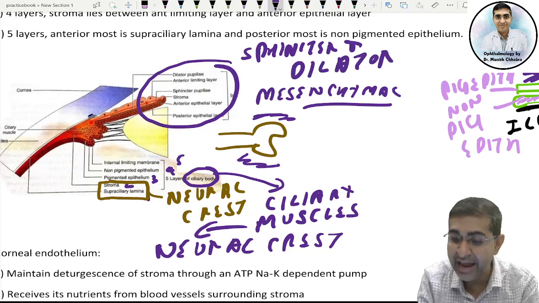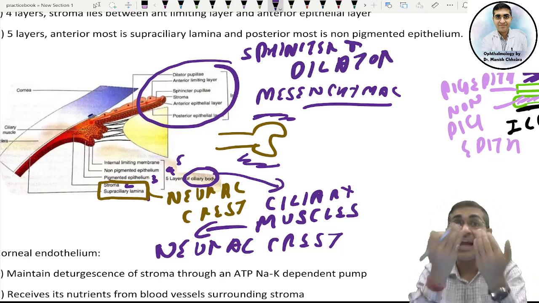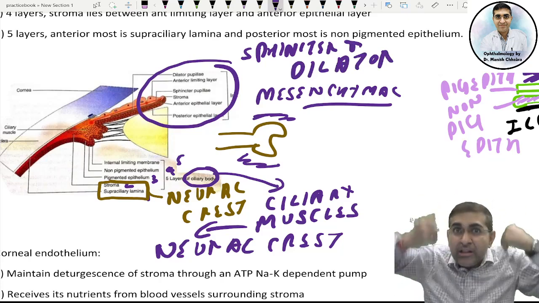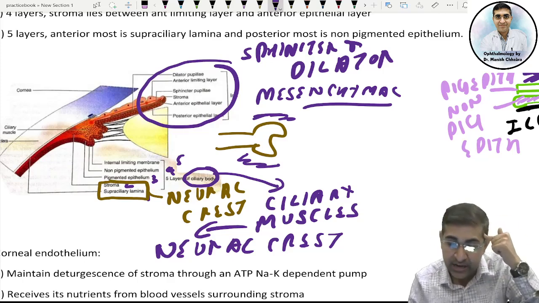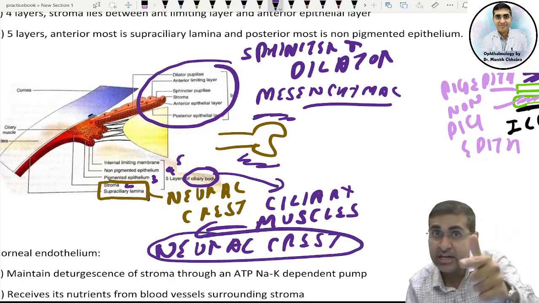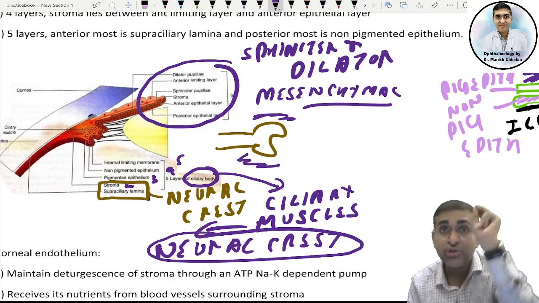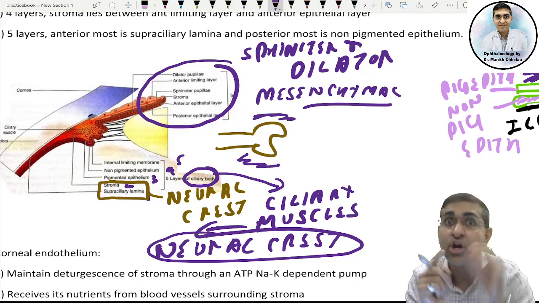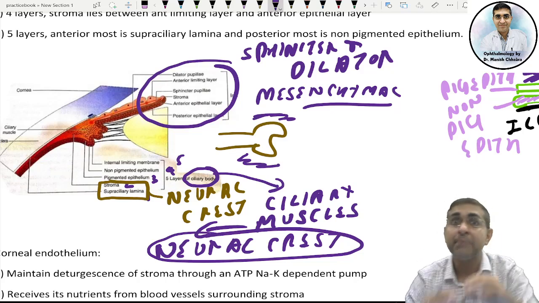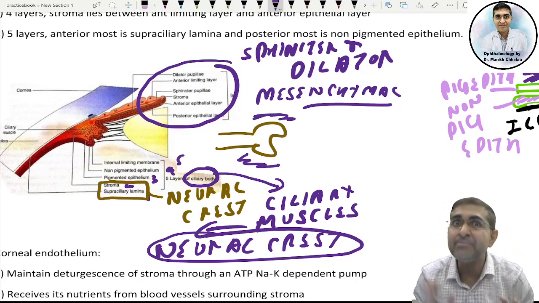You might think they are derived from mesoderm, because all the muscles in the body are derived from mesoderm except ciliary muscles, which are derived from neural crest, your INICET November 2024 option. And sphincter and dilator pupillae are derived from, don't say neural crest, although they are present in stroma, they are secreted by the anterior non-pigmented epithelium.